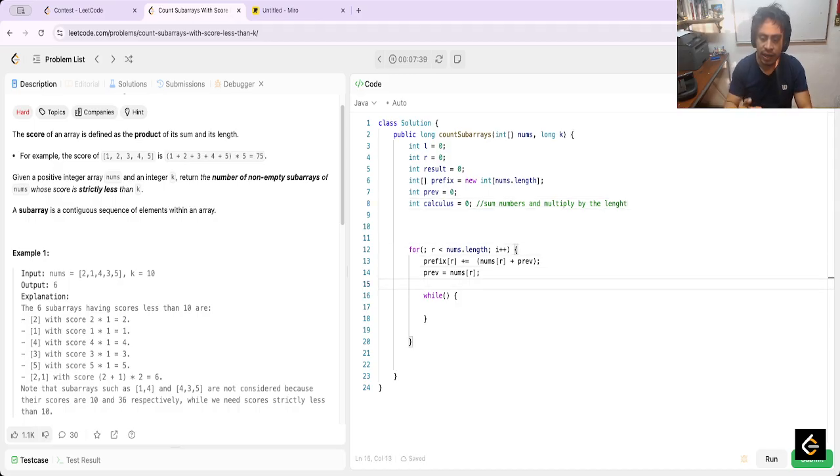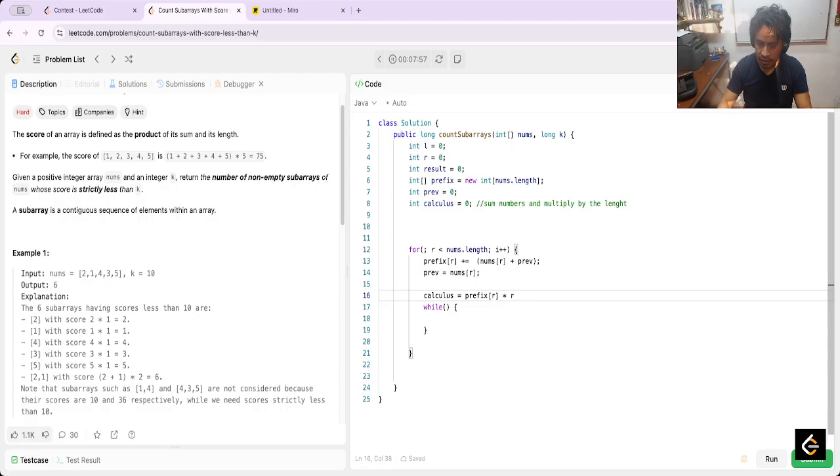In this case here I need to calculate this. Basically the calculus is equal to prefix in the position r multiplied by the length. In this case the length is calculated like this.